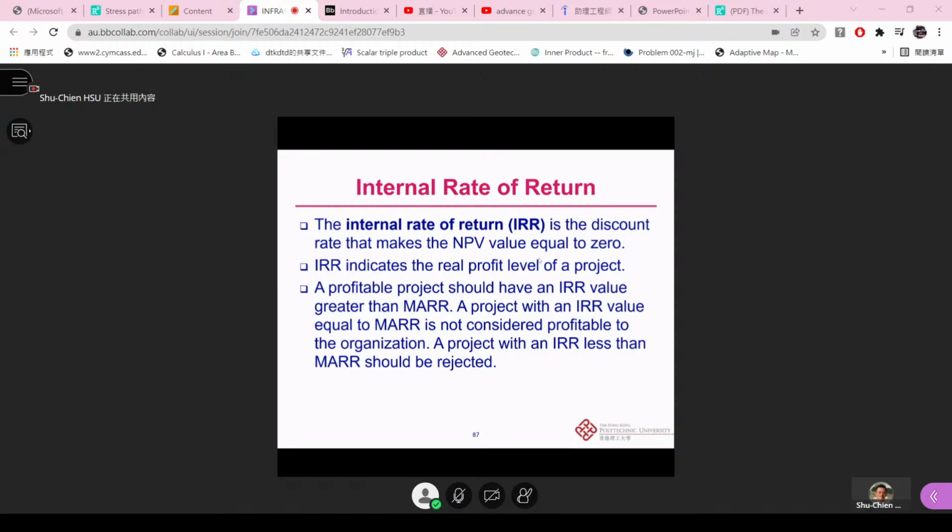But other than that, there are also other methods to compare different kinds of alternatives. And this is one that we will continue with today: the internal rate of return, the IRR.